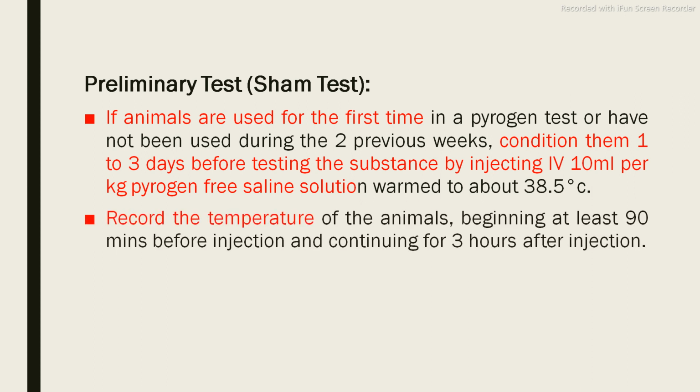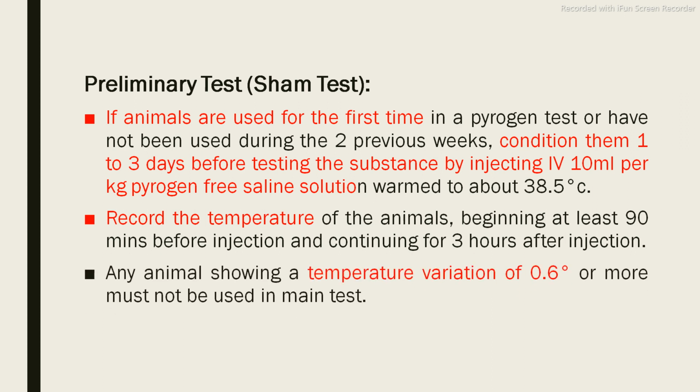Then record the temperature of the animal beginning at least 90 minutes before injection, and continuing for 3 hours after injection. Any animal showing a temperature variation of 0.6 degrees Celsius or more must not be used in the main test.